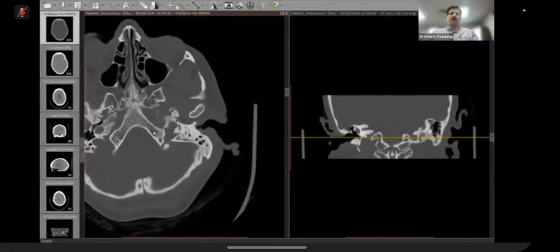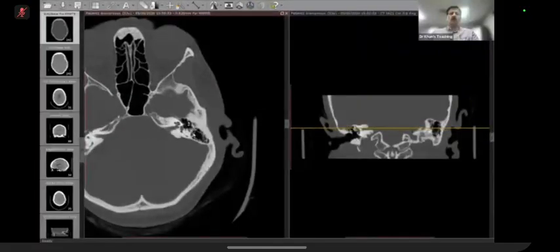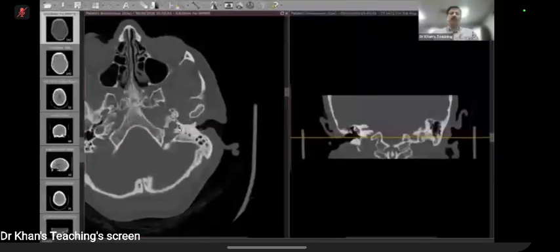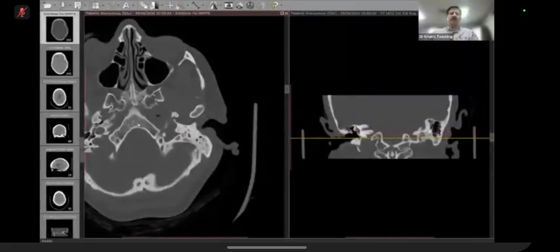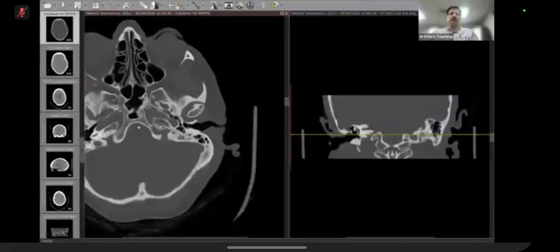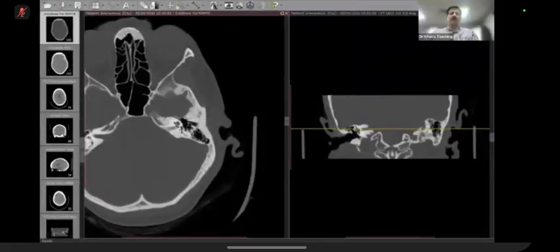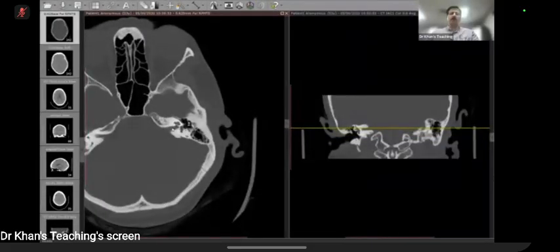So if you see here, when you are seeing the temporal bone, my landmark was the cochlea. So this is the cochlea. But let's have a more global view now. So if we go back, this is the clivus, and then we have got the internal auditory canal. So this is the cochlea.